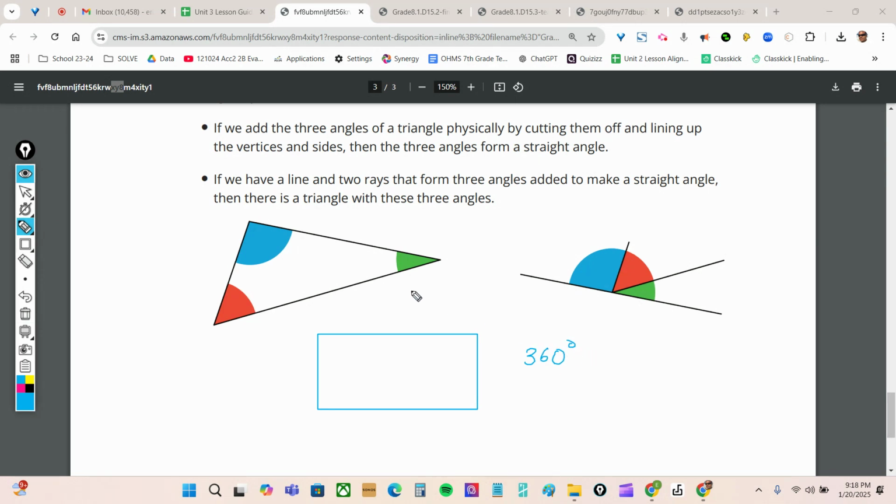So a triangle is 180, a quadrilateral is 360. That makes sense because a quadrilateral is two triangles. If you cut it in half, you get two triangles. So if one triangle is 180, it makes sense that two triangles would be 360.